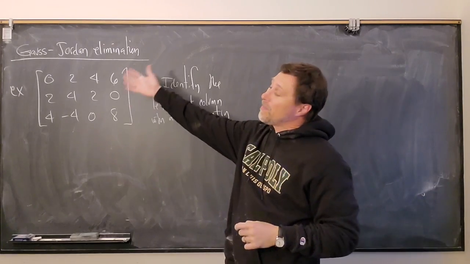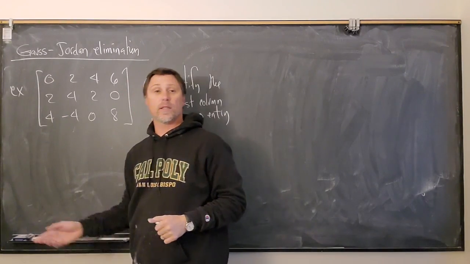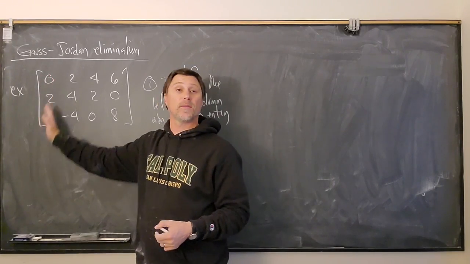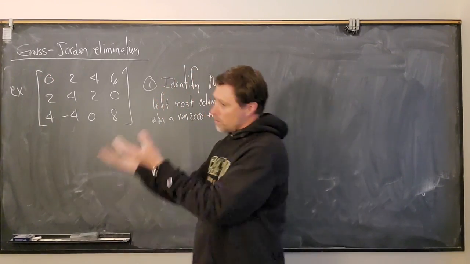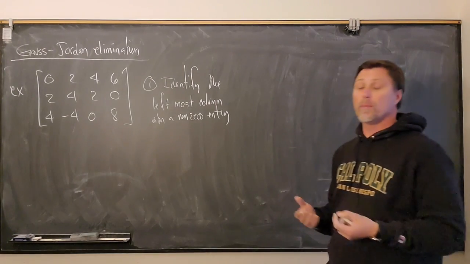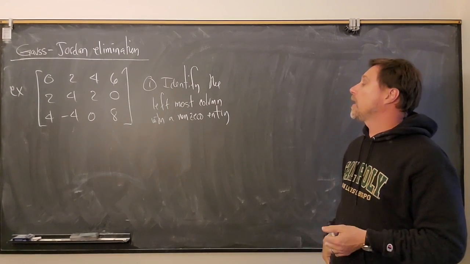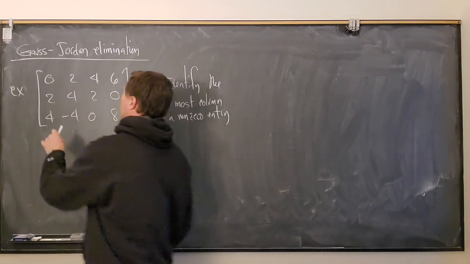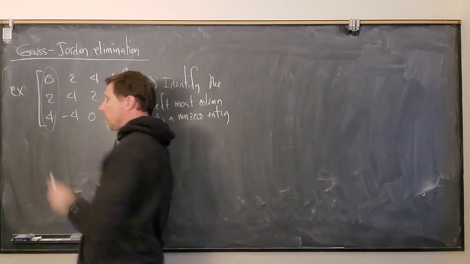In this example, the first column has a non-zero entry. It's possible that you'll have an augmented matrix where the first column consists entirely of zeros, in which case you just move on to the right until you find the leftmost column that has a non-zero entry. All right, so in our case, there it is.